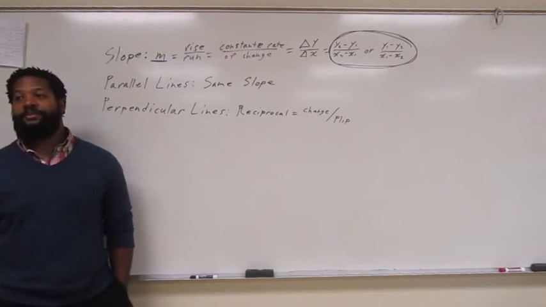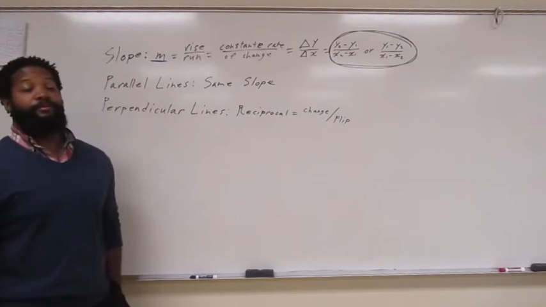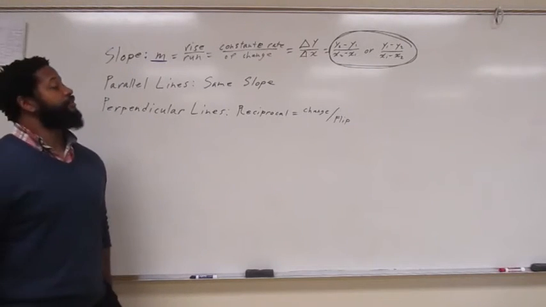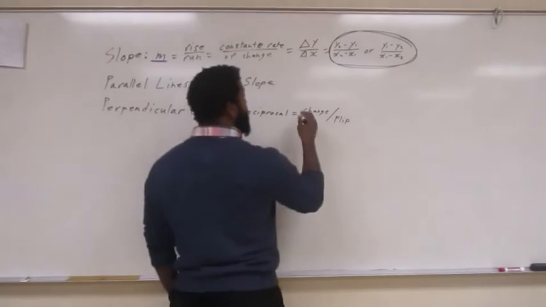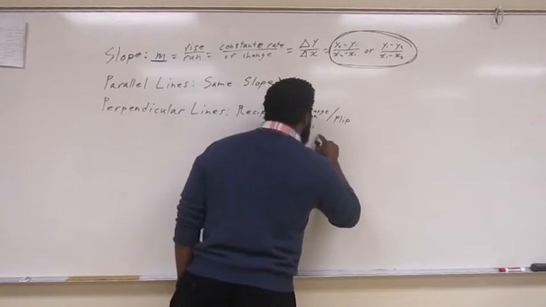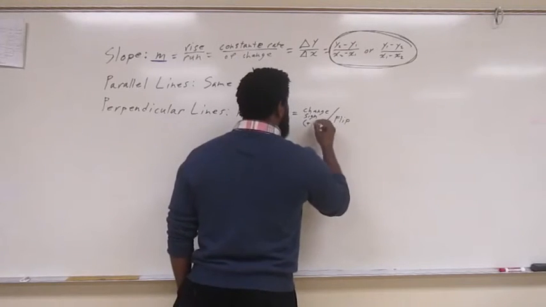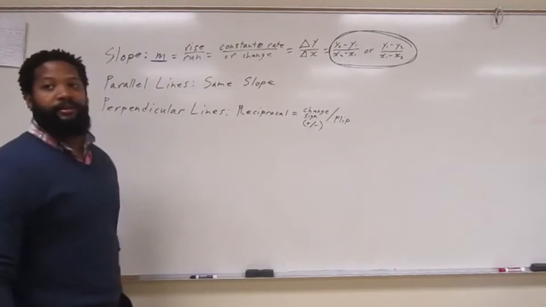That's when keep, change, flip comes into play. With perpendicular lines, you are doing the reciprocal. You are changing the sign, positive or negative, and you are flipping it, okay?